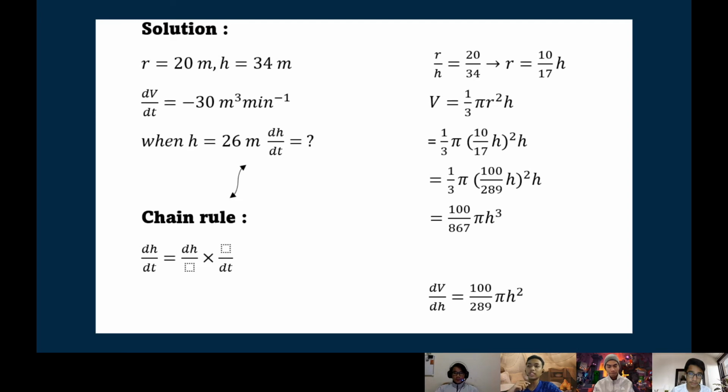V equals 1 over 3 pi R squared H. This is the volume of the cone. So 1 over 3 pi times 10 over 17 H, squared, times H. And the final answer is 100 over 867 pi H cubed. So we can conclude that dV over dH equals 100 over 289 pi H squared.